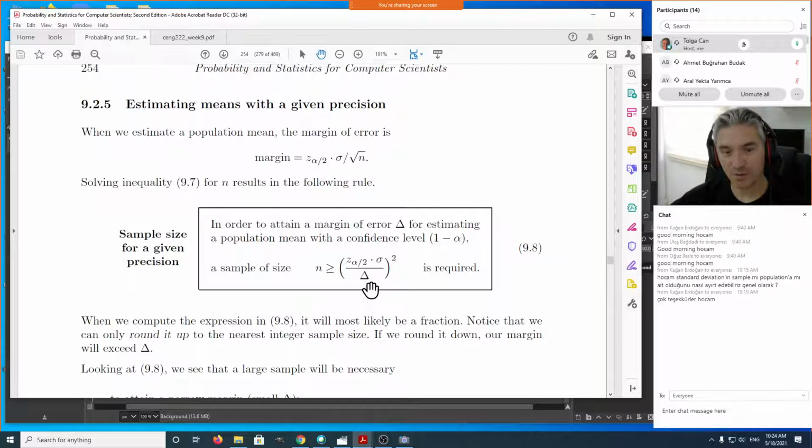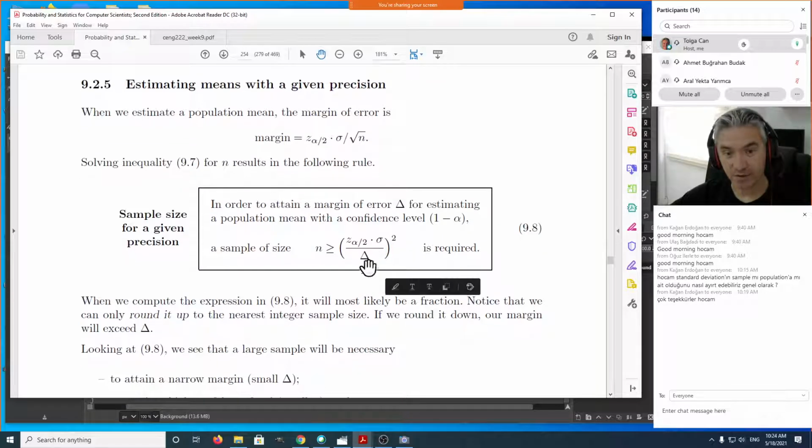So if you want, for example, to reduce 0.6 to 0.1, which is 5 times, it means that you have to increase your sample size 25 times. You see it's quadratically proportional. If this delta is reduced 5-fold, it means that you have to increase n at least 25-fold.